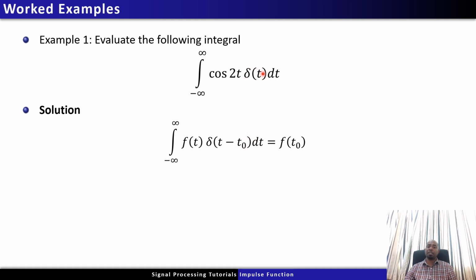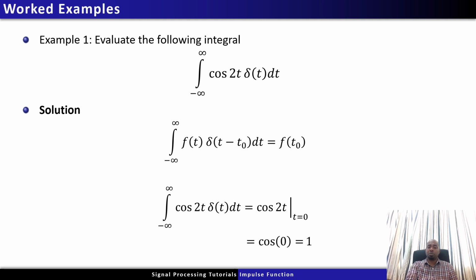You have delta t, so t naught is equal to 0, and f of t is equal to cosine 2t. So now plug in the values. We have cos of 2t delta t dt. This is the function itself, which is cosine 2t in this case, and then evaluated at t equal to 0, which is the time of the delta, and this simplifies to 1.